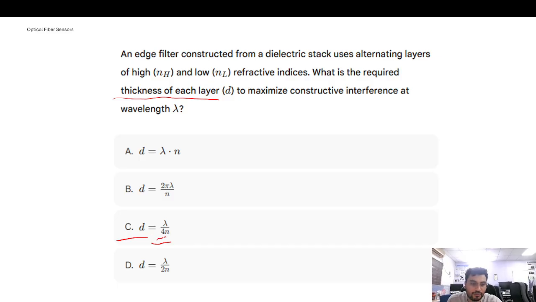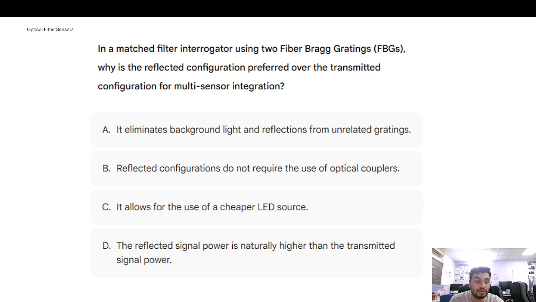The lambda by 4 thickness ensures that the maximum constructive interference can happen. Okay, so you're correct. Next question.